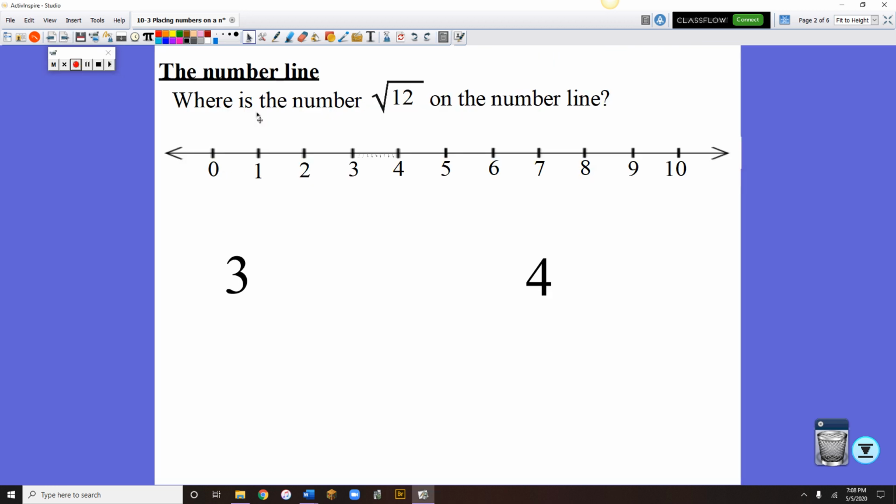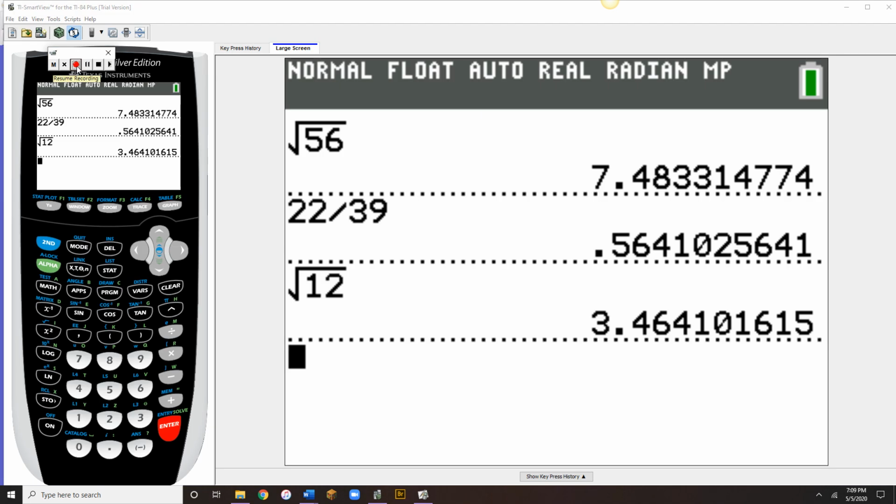So where's a number like square root of 12 go? Well, the square root of 12, if we look at it on a calculator, is this bottom one here, 3.464101615. So it's not as simple as just putting a dot over the 3.